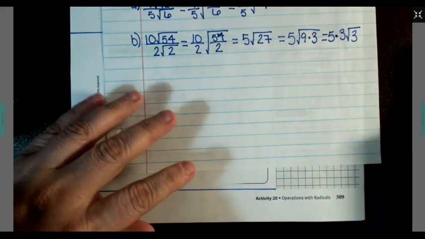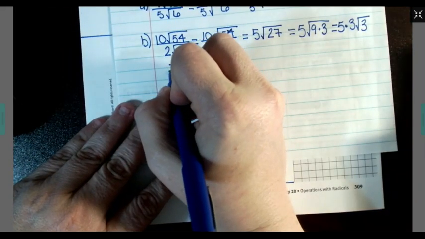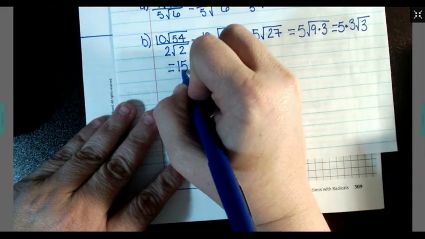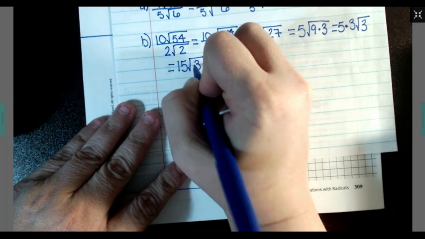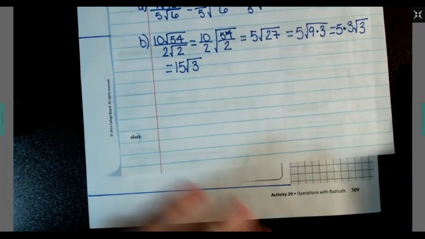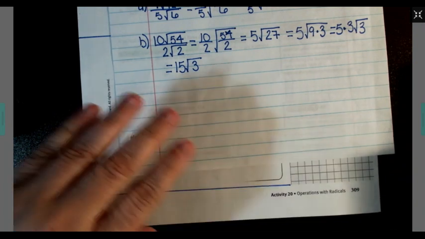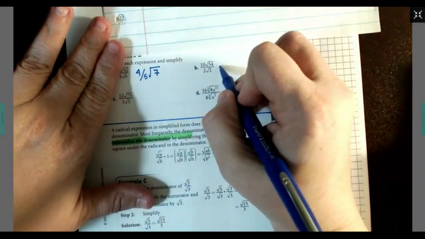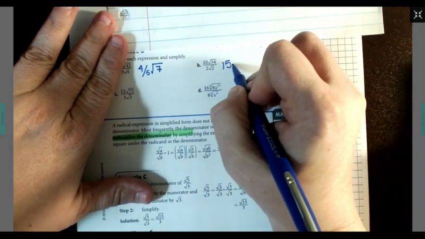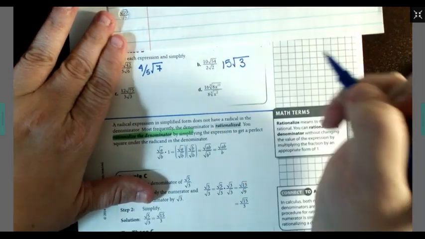That simplifies down to 15 square root of 3. So B is 15 square root of 3.